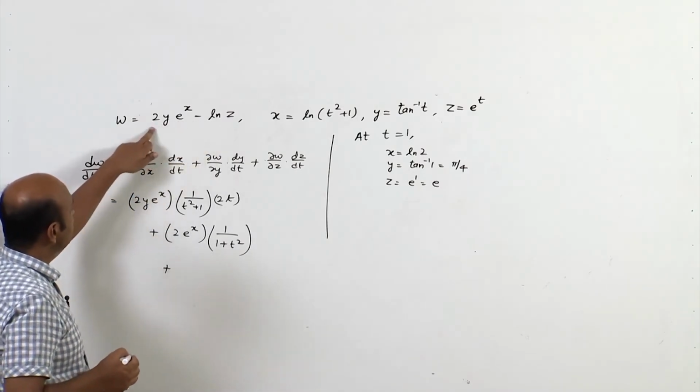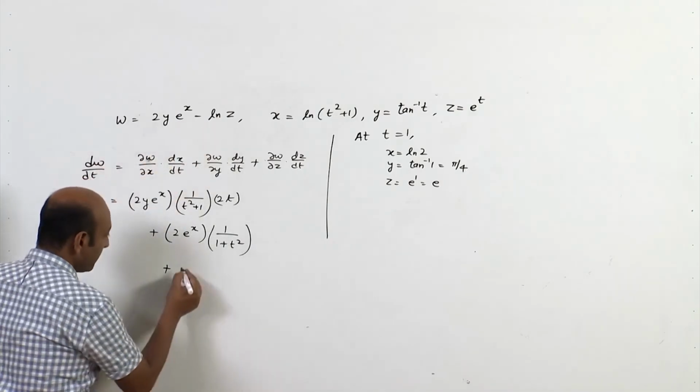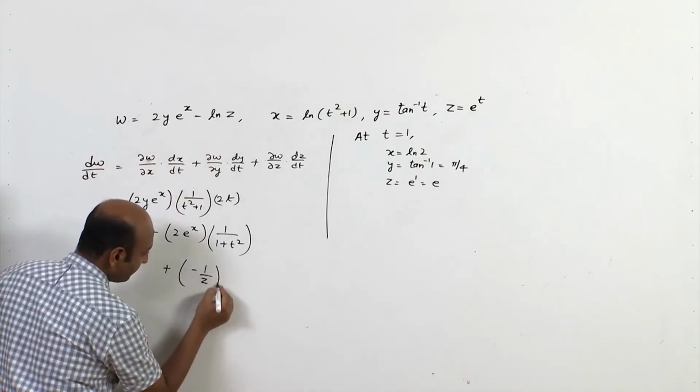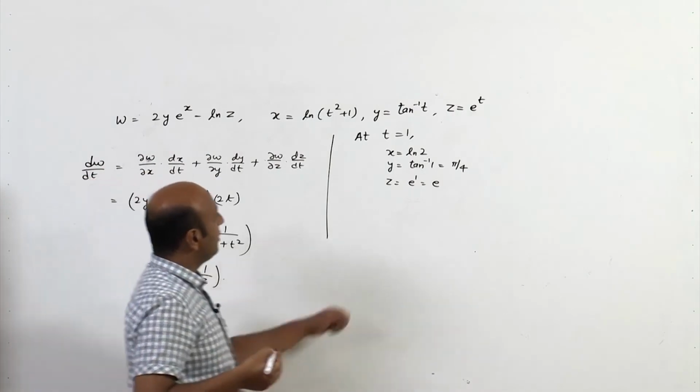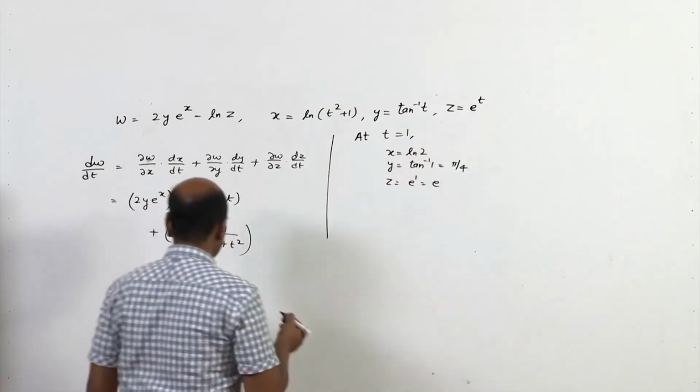No z is here, so it is 0, and from here it is minus 1 by z into the derivative of this with respect to t, which is e raised to power t.